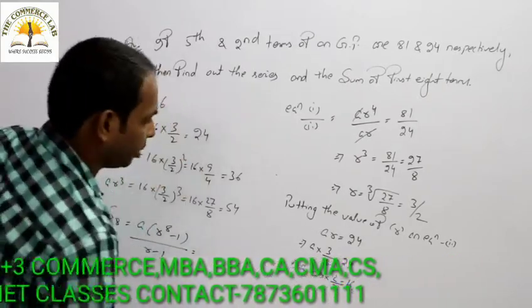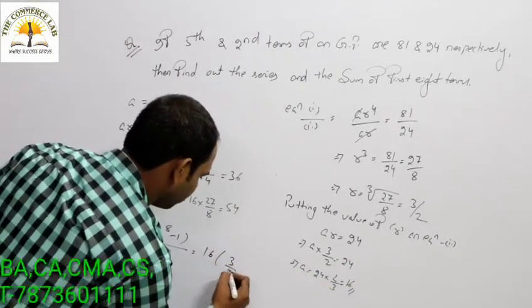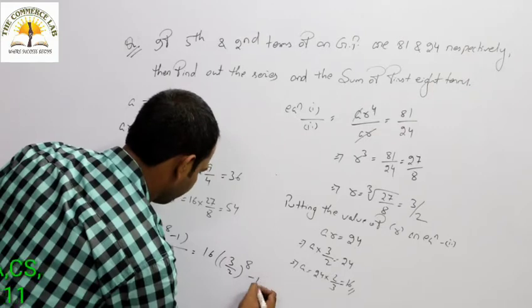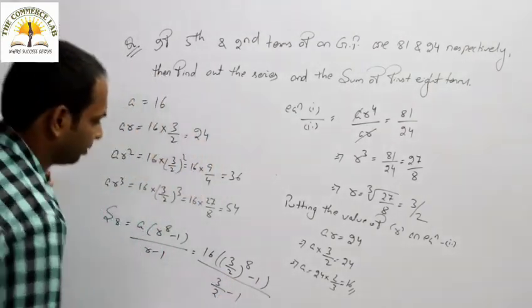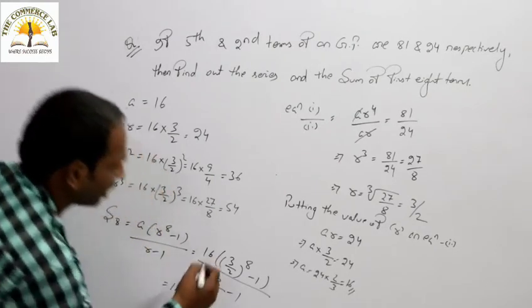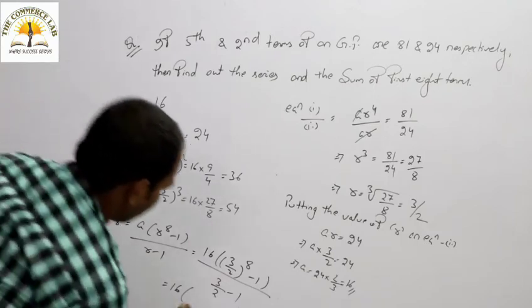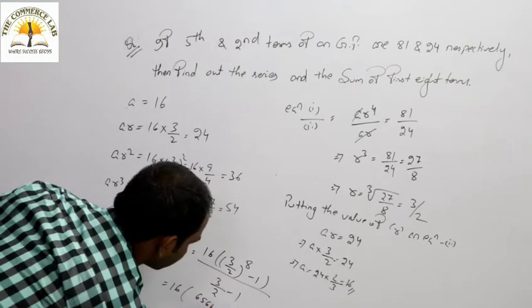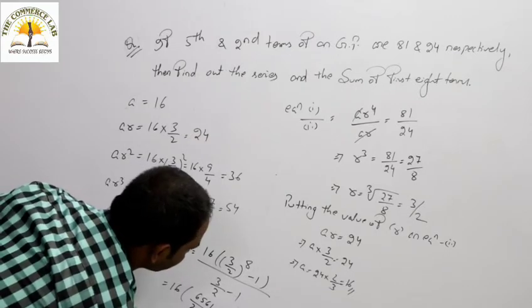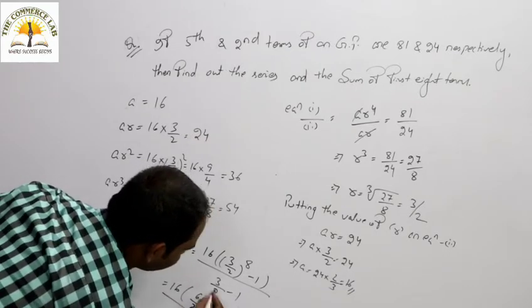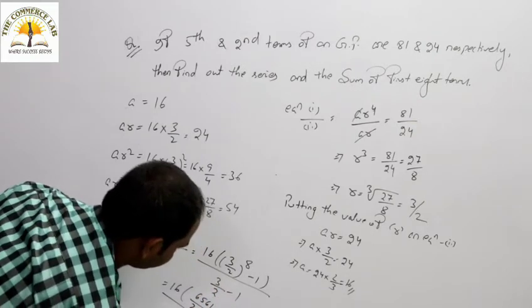Then A is 16, R is 3 by 2, to the power 8 minus 1, by 3 by 2 minus 1. Then 3 by 2 is 1.5.